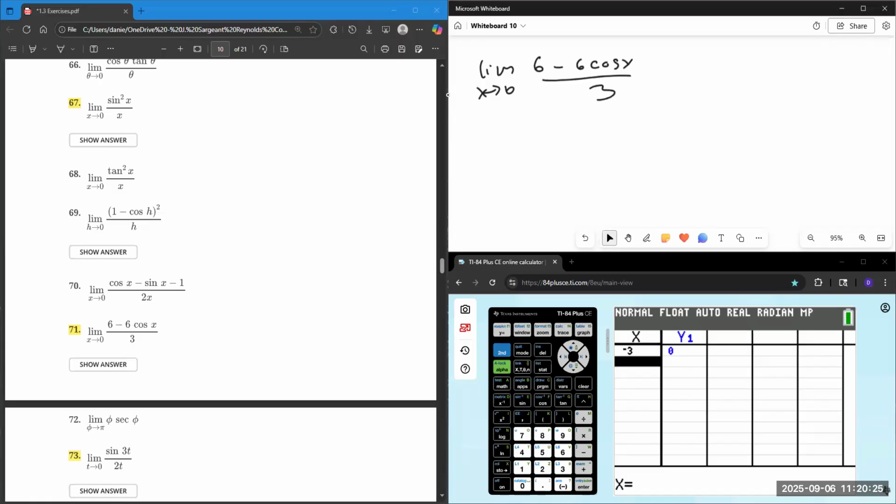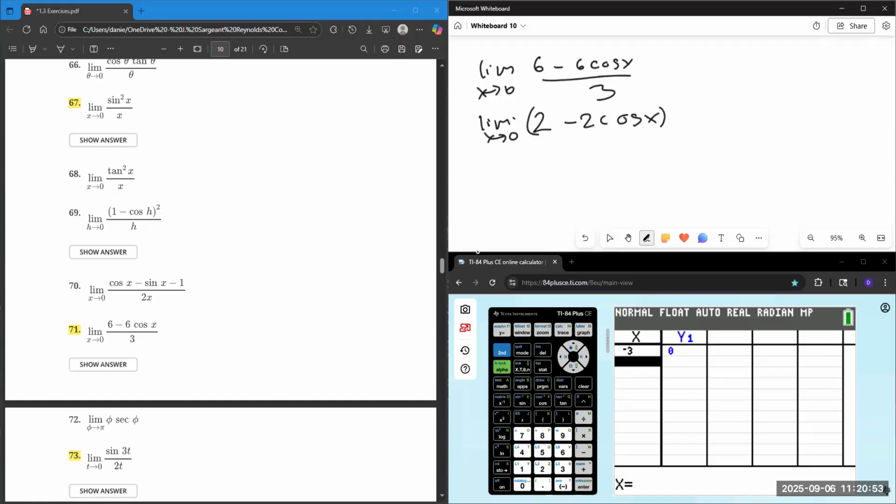So I'm going to pull the 6 out from the numerator and the 3 from the denominator, leaving me with 1 minus cosine x here. Actually, I don't even need to do that, because there's no x at the bottom. 2 minus 2 cosine of x.